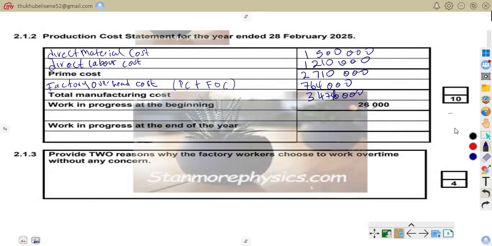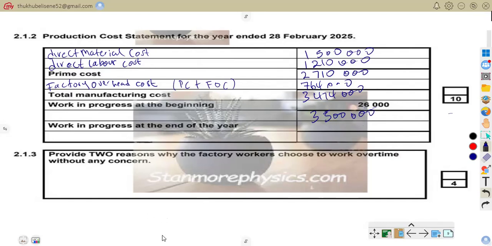Sorry, there's something that is not going well. So total manufacturing cost is how much? It is 3,474,000, so it was correct. You add our work in progress, and then we get 3,500,000. So that is that.